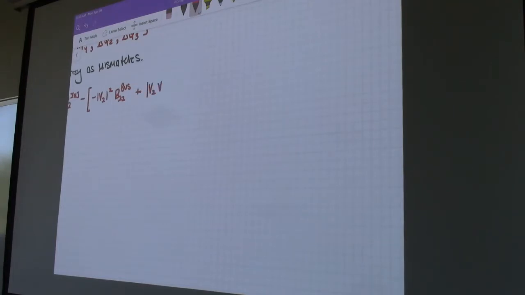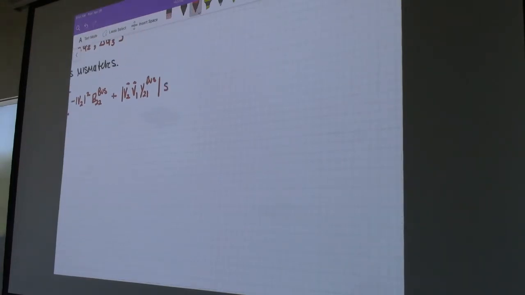V2, V1, Y21 bus times sine theta 2 minus theta 1 minus the angle of Y21 bus.